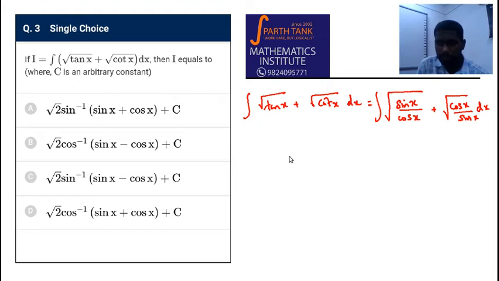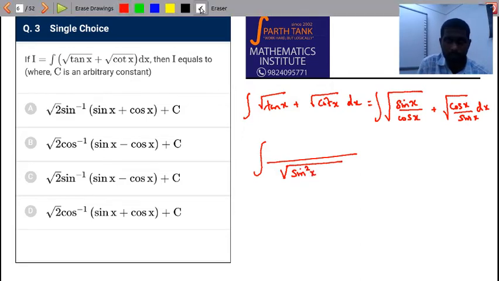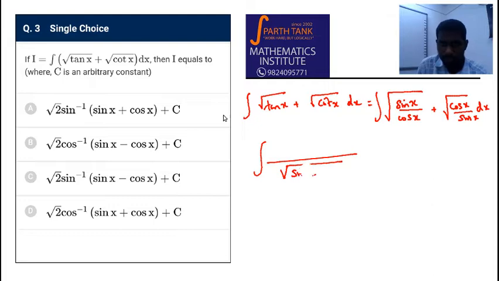Now, if you take the LCM, this integral becomes square root of sin x cos x in the denominator, and here while cross multiplying, the square root of sin x and square root of sin x becomes sin x, square root of cos x and square root of cos x become cos x.